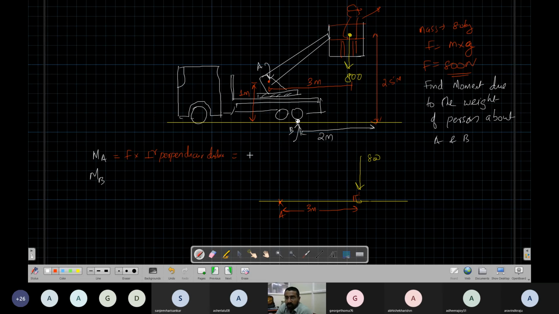I just have to multiply 800 times 3. That is 2400 Newton meter. If I divide by 1000, you can write 2.4 kilonewton meter. This is Newton, this is meter, so Newton meter is the unit.